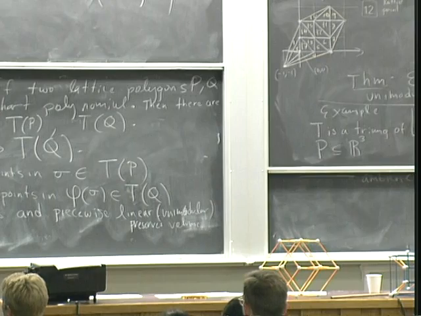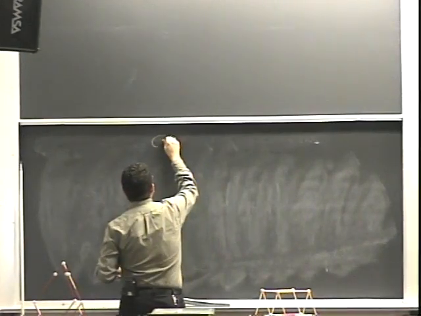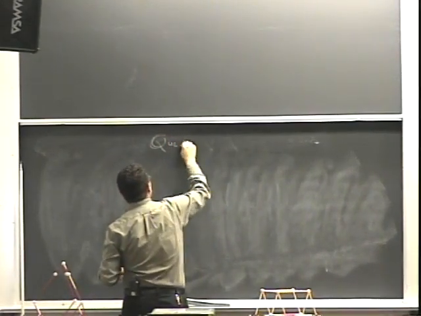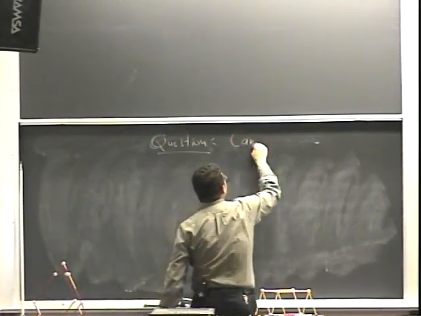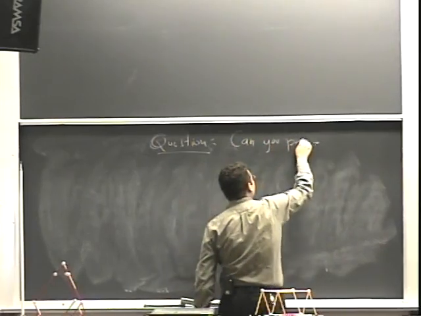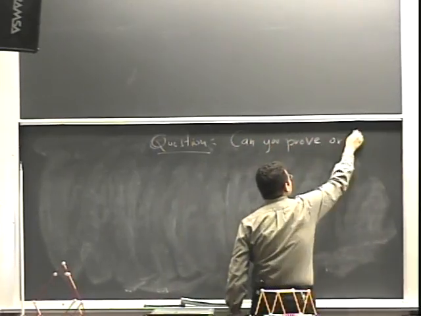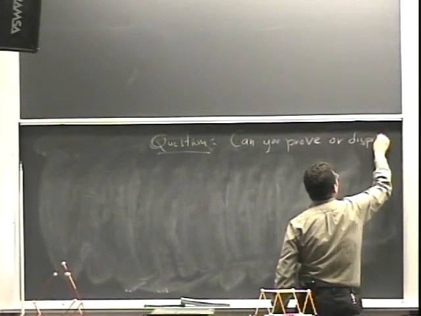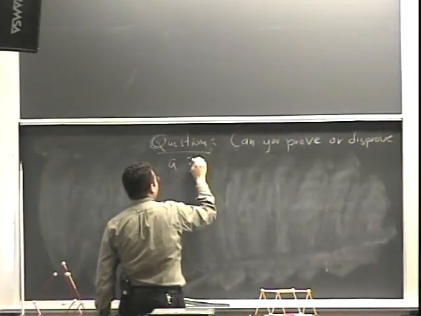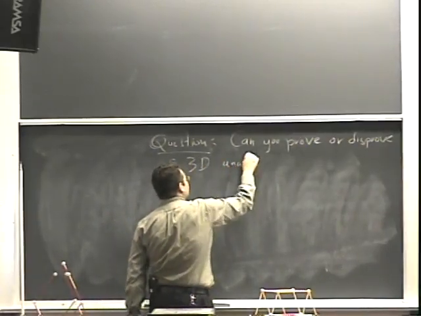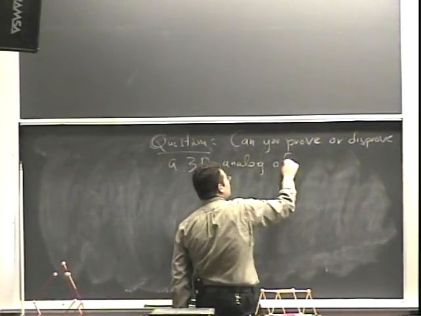So, question: can you prove or disprove a 3D analog of Greenberg's theorem?